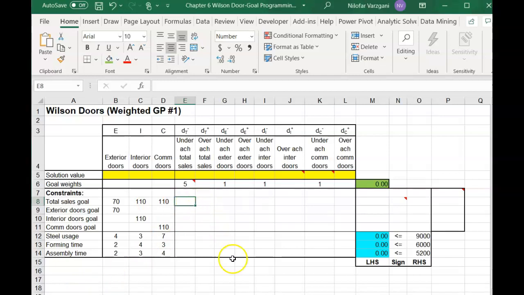So our first goal definition constraint would be 70E plus 110I plus 110C plus 1 times DT negative minus 1 times DT positive.